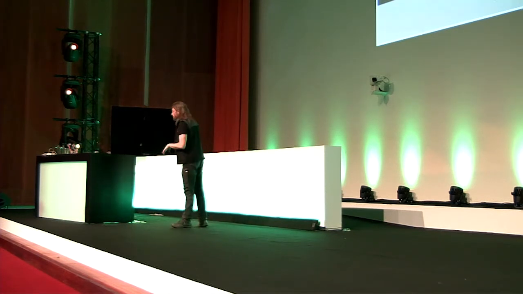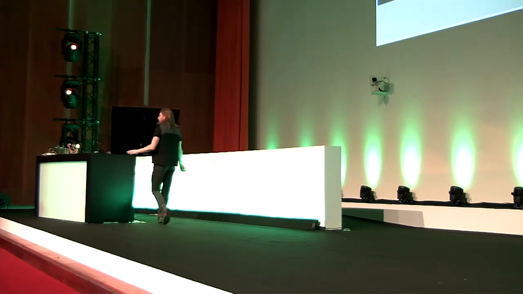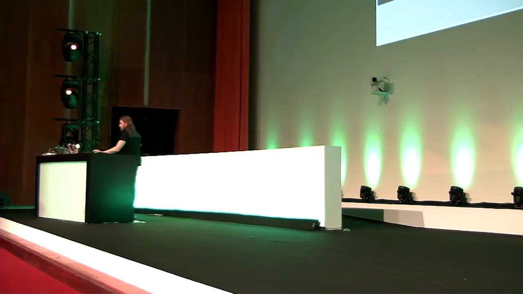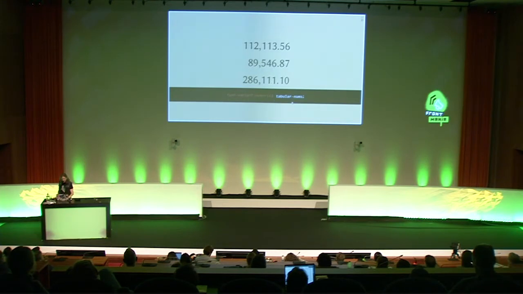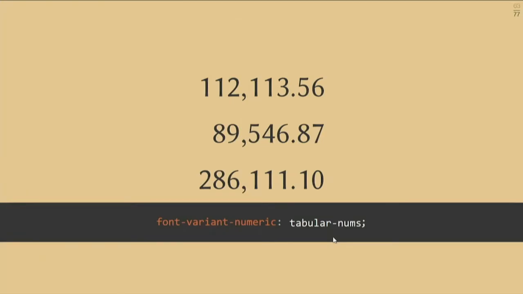What you actually want is a proportional font, except the numbers are tabular. Like that. Now they all line up, and you can see what you're doing. So again, nice fallback here. If that property isn't supported, you'll still have the same numbers. They just won't be laid out quite as nicely. All of these are like incremental improvements.